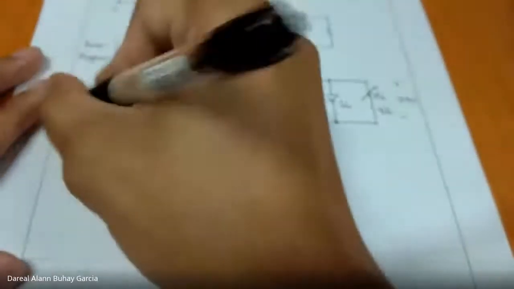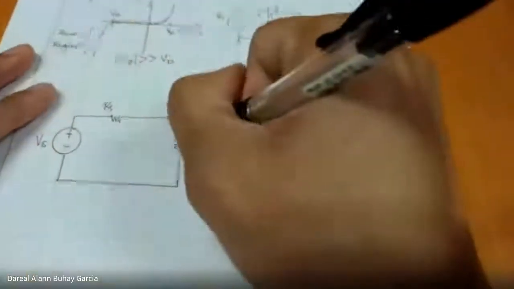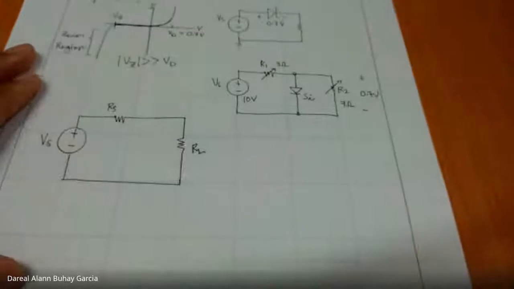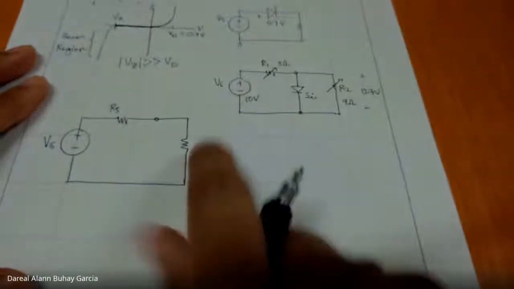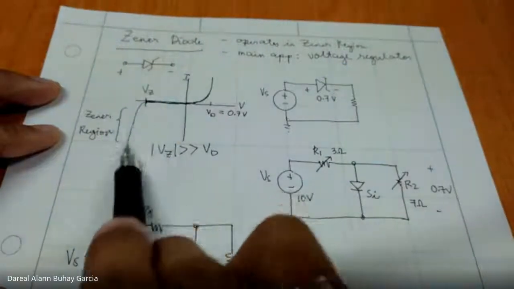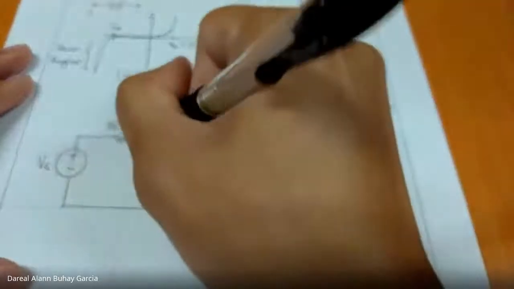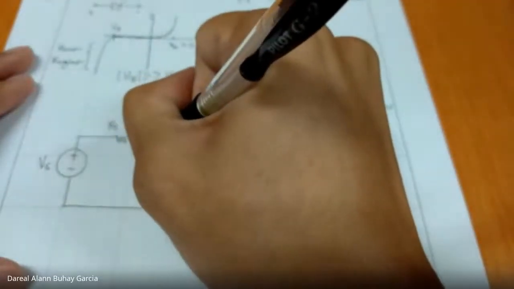Okay, una itong voltage source, una itong source resistor or source resistance, una itong RL, and our Zener diode will be placed in parallel across sa RL. Ang atong Zener diode operate siya sa Zener region or sa reverse bias region. So, dapat naka-reverse bias siya. So, how do we reverse bias a diode? Balyon lang nato iyahang direction sa current.